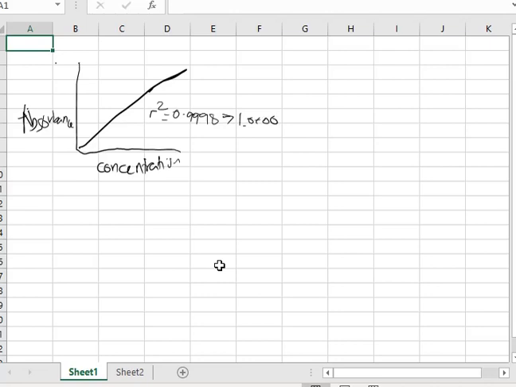That's the best, because this measures the best fit. So you need to make several points. At this concentration, the absorbance is this. At that concentration, the absorbance is that. That's basically what you need in order to get the concentration of your unknown sample.